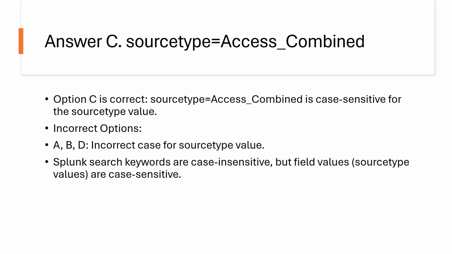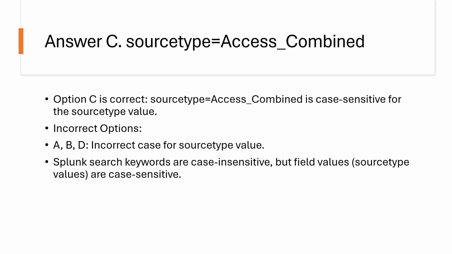Now, here's why. Splunk search commands like sourcetype are case insensitive, so sourcetype or SourceType will work. However, the value assigned to sourcetype, like access_combined, is case sensitive by default. Option A is wrong because it's looking for a lowercase access_combined, which doesn't match our actual source type.